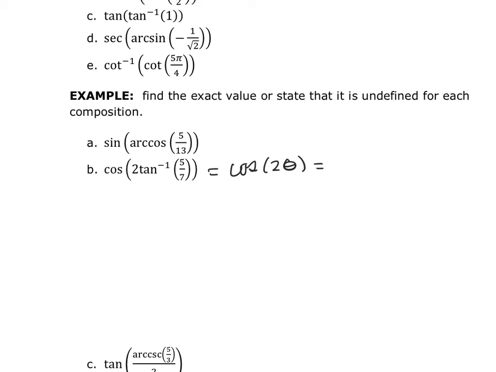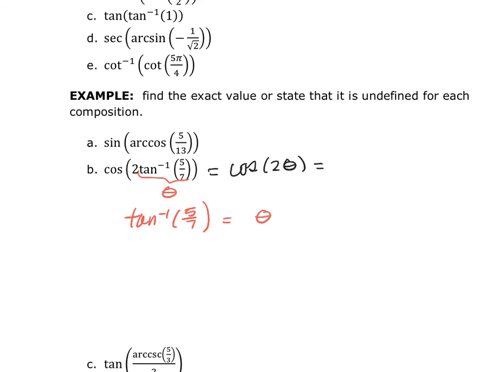Whenever I see the tangent inverse or any trig inverse or arc of any of the trig functions, that represents theta. It is representing the angle. So the tangent inverse of 5/7 is simply equal to the angle that I'm chasing. But I'm not actually trying to find the angle, and I'm not going to put that in my calculator and say, here's the angle.